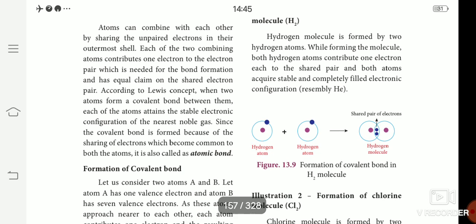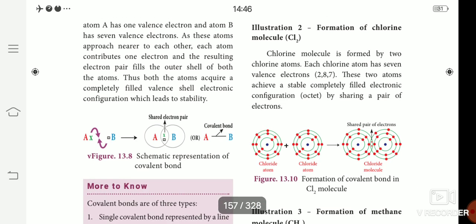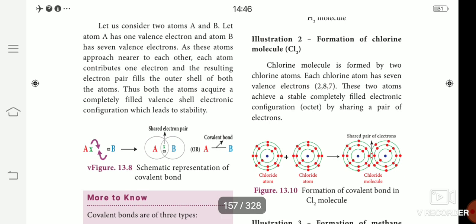The second example is the chlorine molecule. Chlorine has atomic number 17, and the electronic configuration is 2, 8, 7, so three shells are formed. The first shell is filled with 1s2. The second shell is filled with 2s2 and 2p6, total 8 electrons.